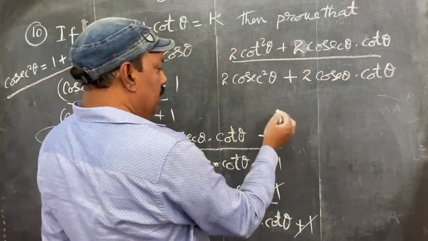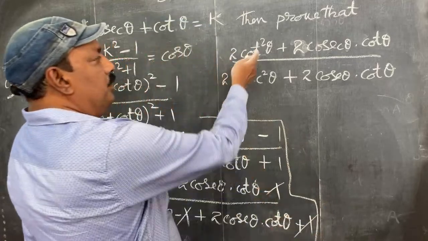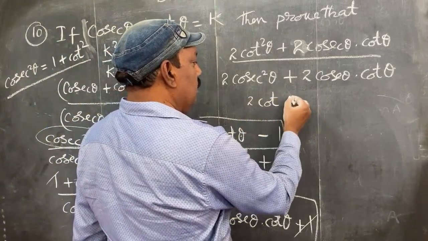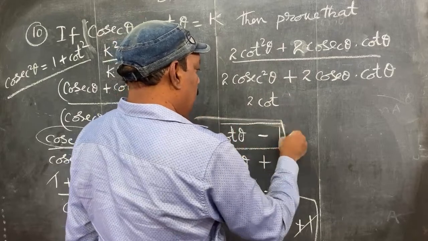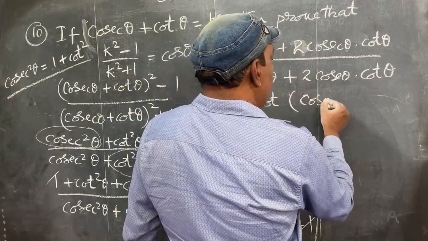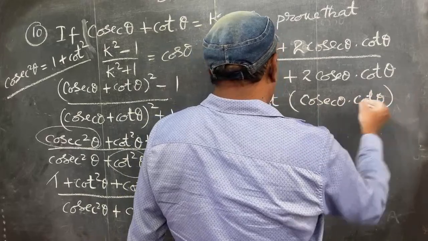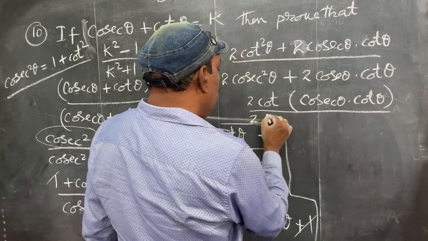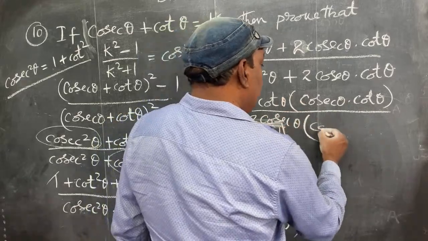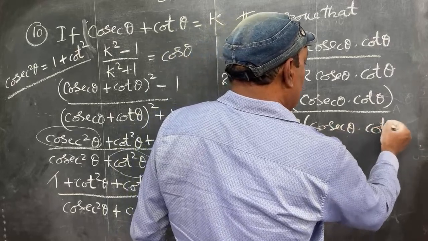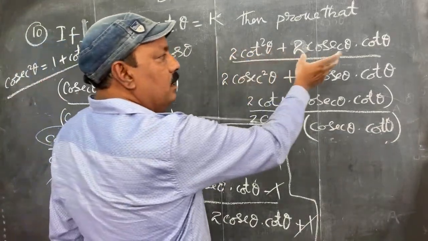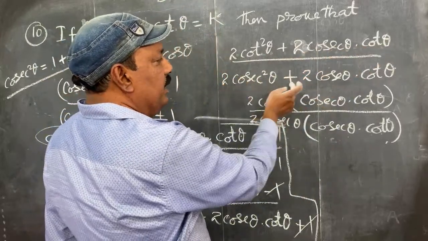So now here I am going to take 2 cot theta as common, in the numerator, and in the denominator I am taking 2 cosecant theta as common. Check here, once again I am explaining this. 2 cot square theta plus 2 cosecant theta into cot theta, 2 cosecant square theta plus 2 cosecant theta into cot theta.